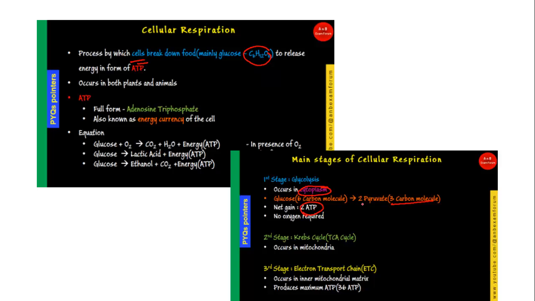It is exothermic reaction. Okay, then second stage Krebs cycle is there, which occurs in the mitochondria, and the final electron transport chain, which occurs in the inner mitochondrial membrane, and it releases 36 ATP. Okay, so total of 38 ATP is released in the cellular respiration.